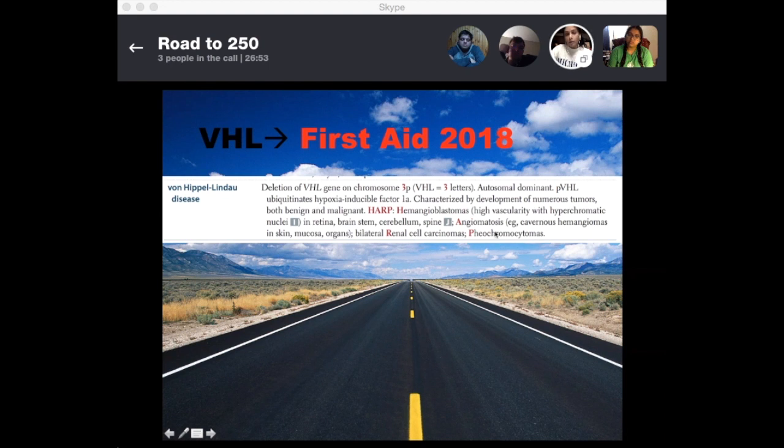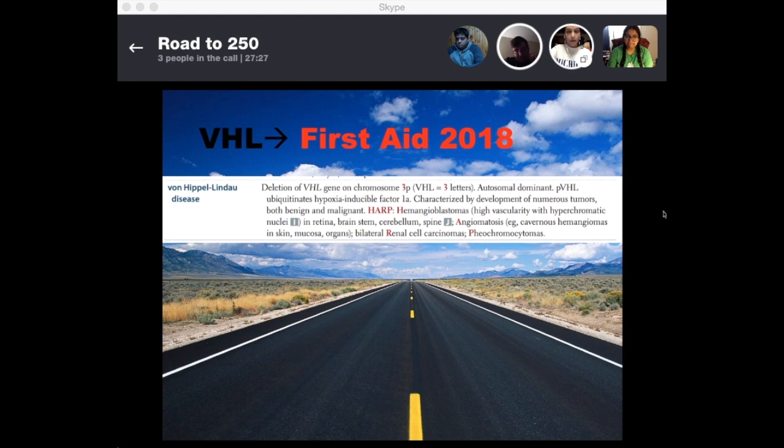And then A for angiomatosis, for example cavernous hemangiomas seen in the skin, mucosa, and organs. R for bilateral renal cell carcinoma, and P for pheochromocytoma, P for P. So, yeah, that is everything I have for von Hippel-Lindau. Anybody have anything to add on? Questions?